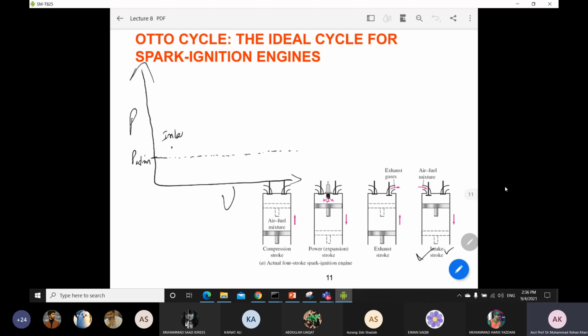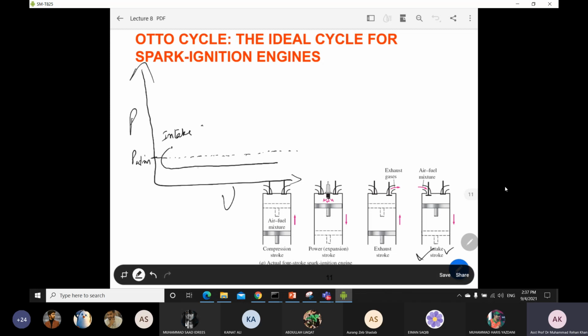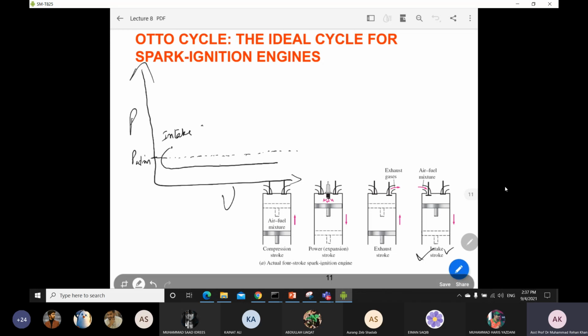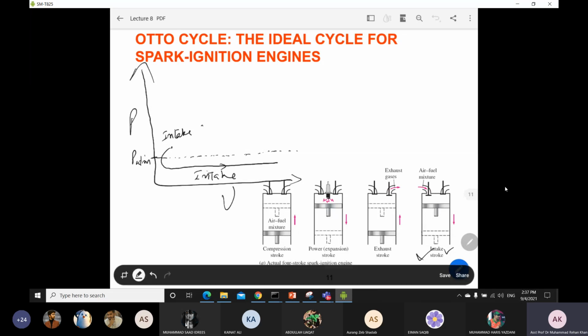You can call this the intake stroke. After intake your pressure will go below P atmospheric, and then your pressure will remain the same. So this is your intake process. I am talking about the actual cycle, this is not an ideal one.